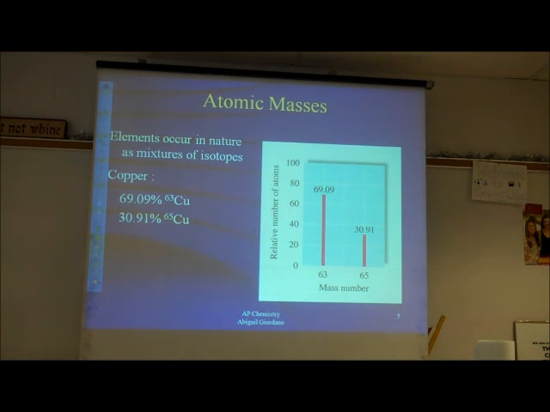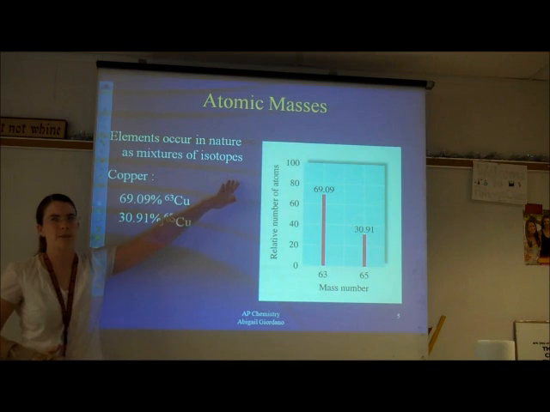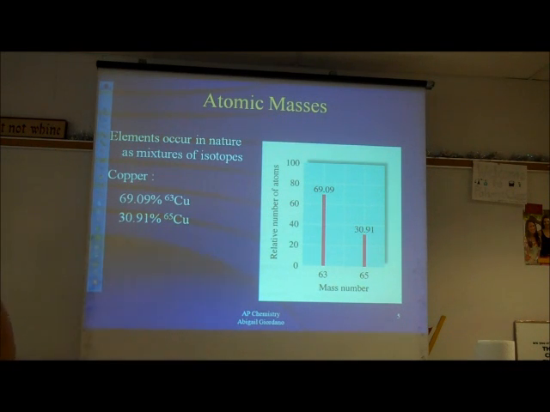So let's just back up for a second. Do you remember the term isotope? It's two atoms of the same element, which means, what do they have in common? Protons. Same number of protons. They're the same element. They have to have the same number of protons. How do they differ?